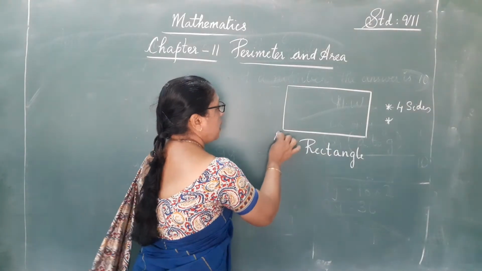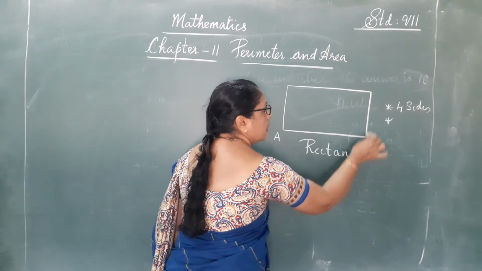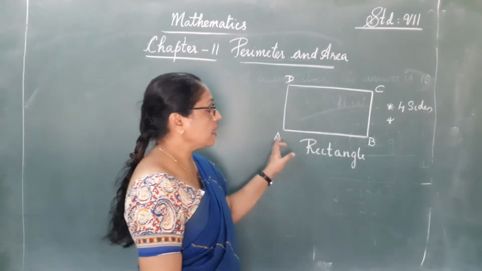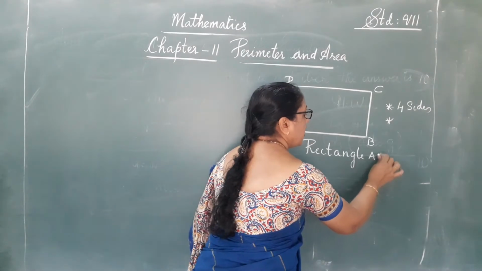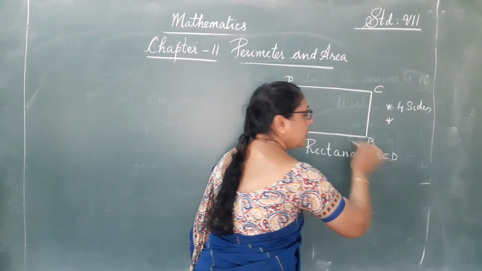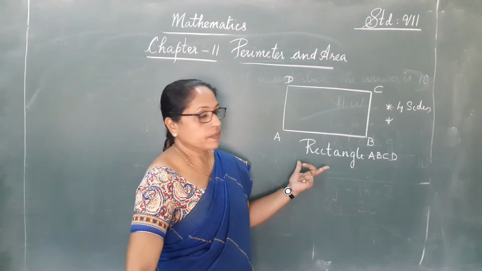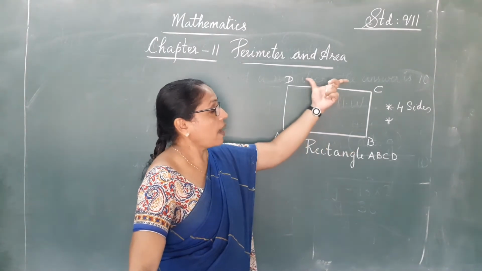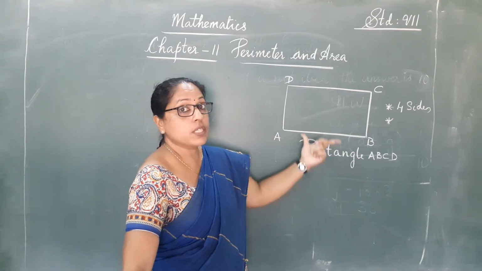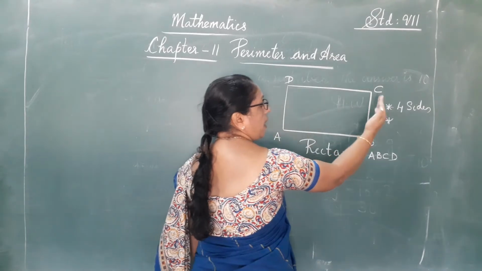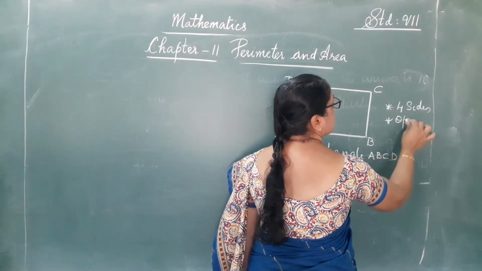If I name it A, B, C, D, the name of the rectangle is rectangle ABCD. Which sides are equal? Yes, AB and CD. Opposite sides are equal. AD and BC. So opposite sides are equal.